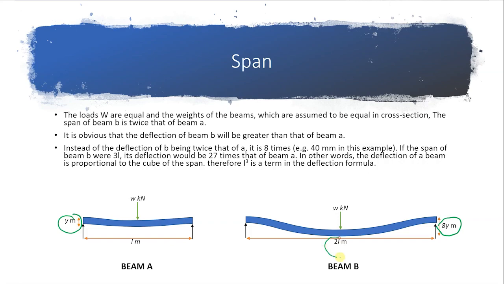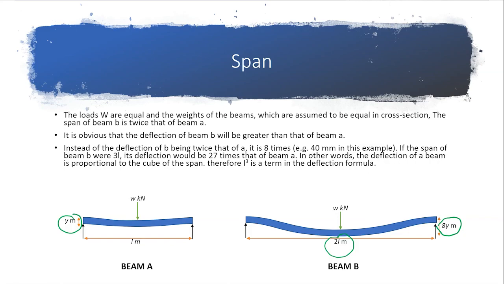Why? It is 8 times. If the span of beam B were 3L, its deflection would be 27 times of beam A. In other words, deflection of a beam is proportional to the cube of the span. Therefore, L cubed is the term in the deflection formula.